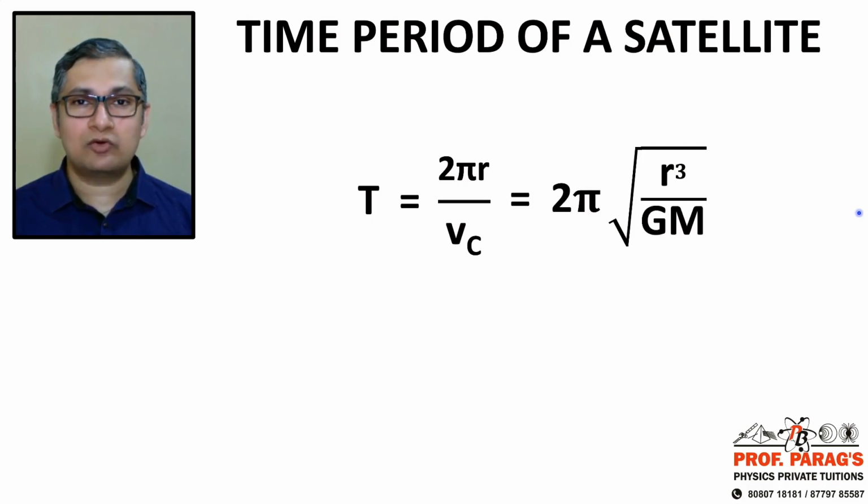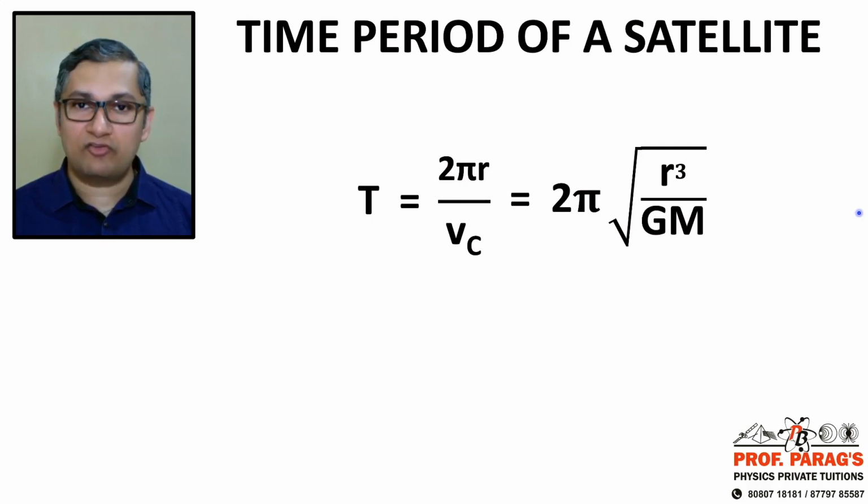This small r, please note, is equal to capital R plus h. Small r throughout the chapter is capital R plus h. If I square both sides, on the LHS we get T square. On the RHS, 2 pi, the universal gravitational constant G, and M, the mass of Earth, are constants.